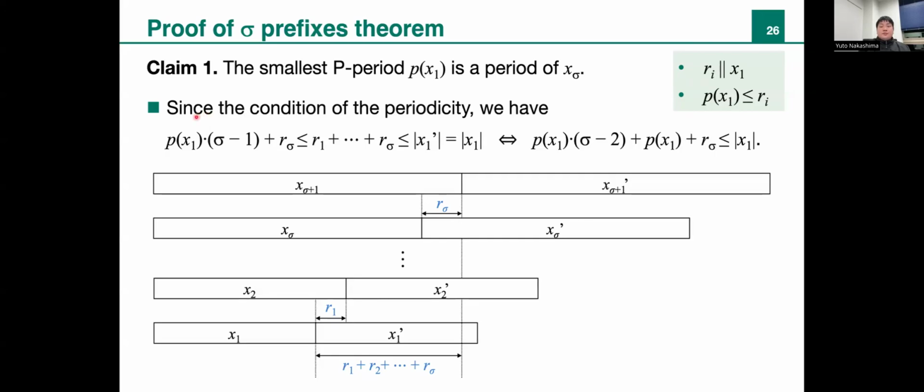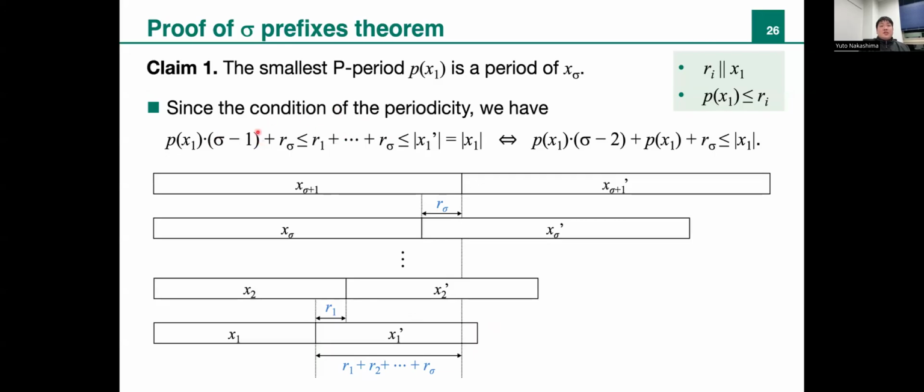Since the condition of the periodicity is like this, we have these equations. Okay, so the shortest parameterized period of x1, times minus 1, plus R sigma, is upper bounded by the sum of the R's, because the sum of these R's is smaller than the length of x1 prime, as you can see.